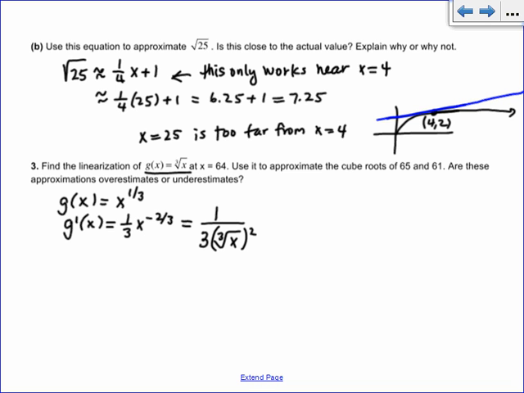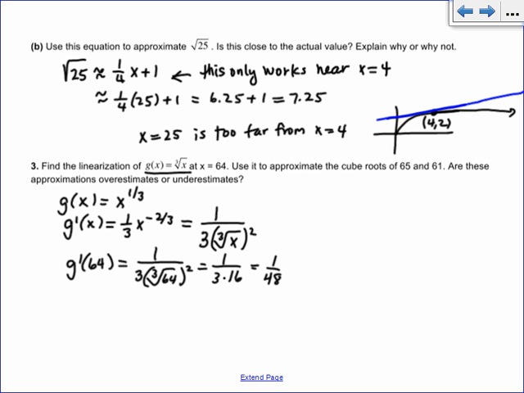That's x to the 2/3. So I need to find my slope, evaluated at x equals 64. I'm going to have 1 over 3, the cube root of 64. Anybody know that? So I have 1 over 3, and 4 squared is 16. So it's 1 over 48.